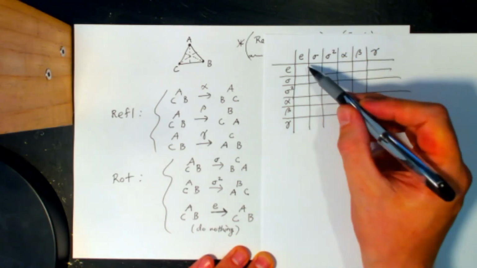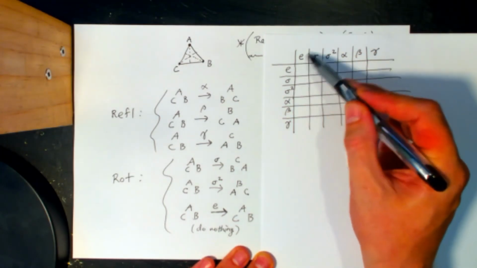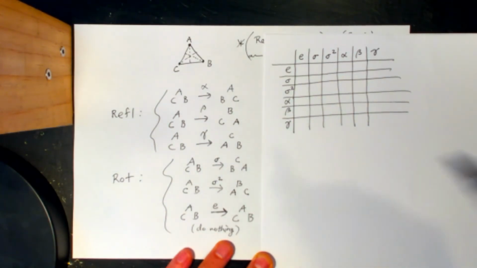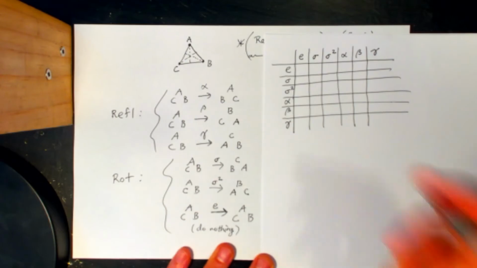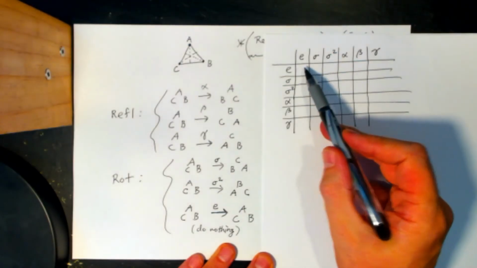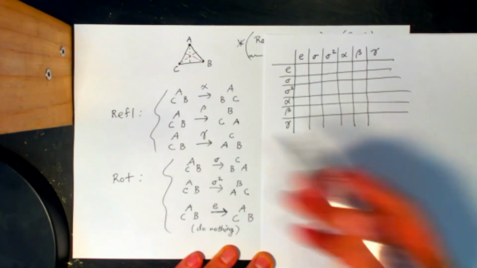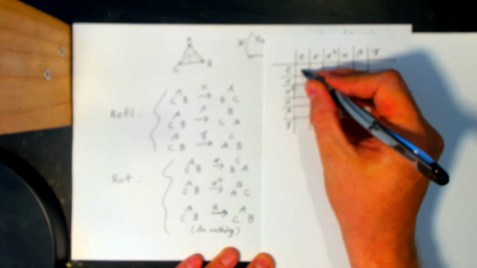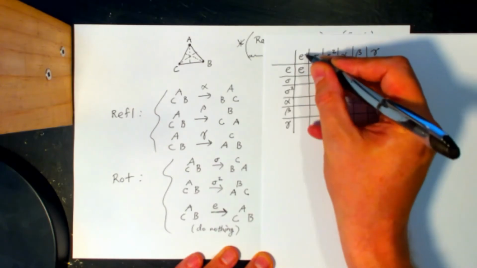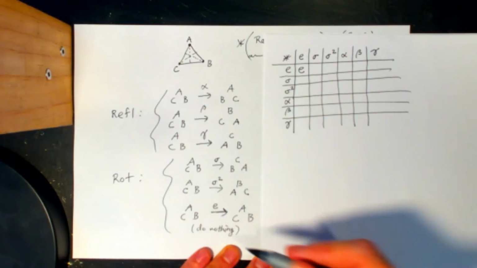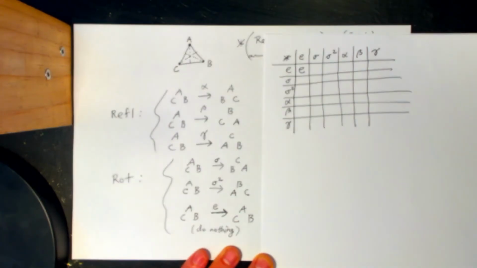Okay, now the first one, E is do absolutely no rotation, which is equivalent to rotating 3 times around. So the action of this followed by another action, the result would be the same action. For example, E combined with E is do nothing twice, so it's do nothing.